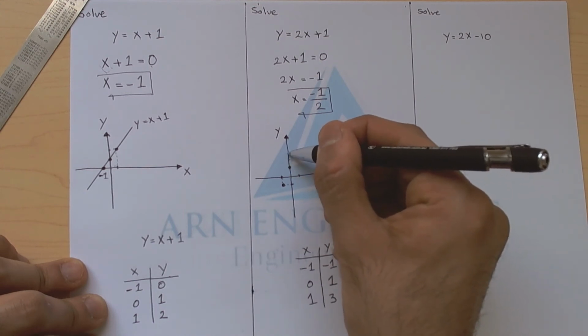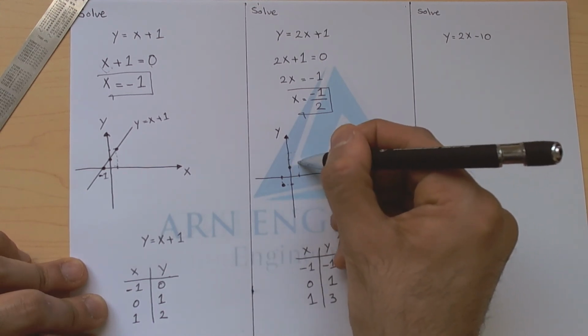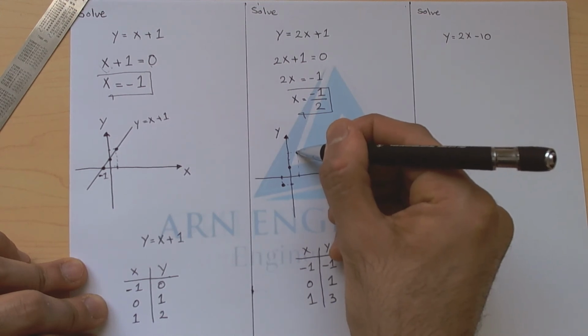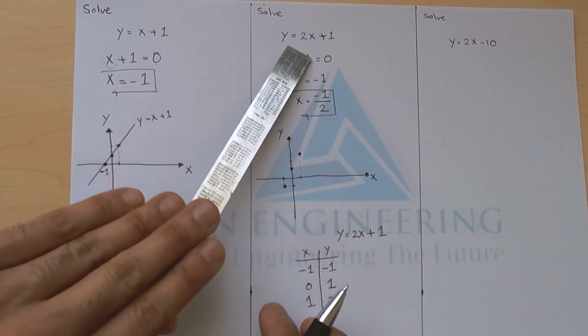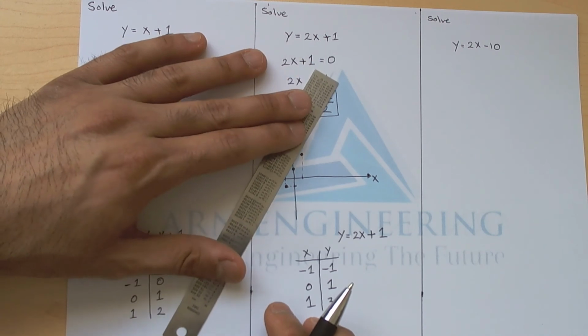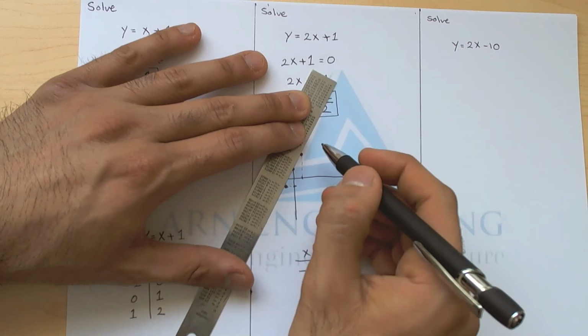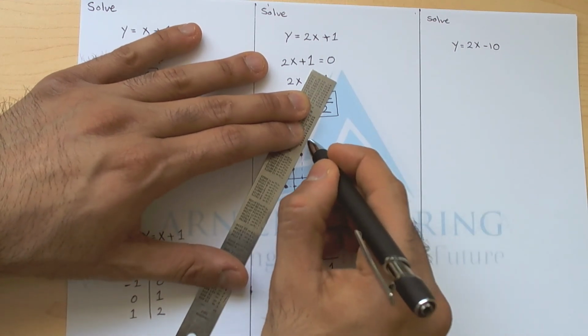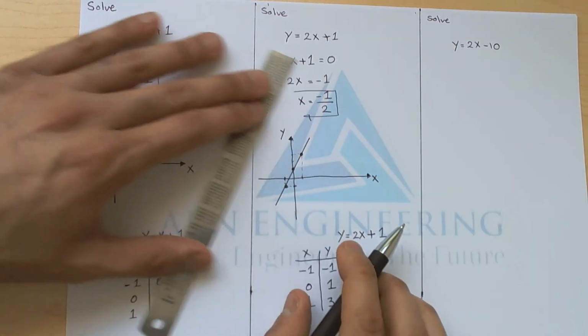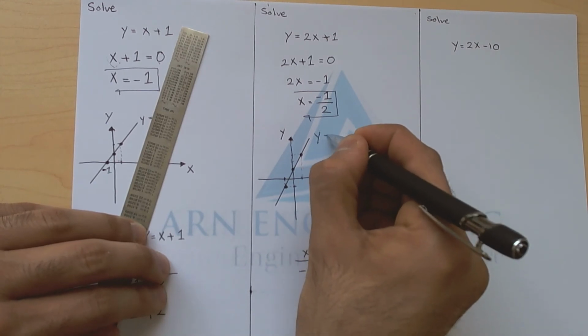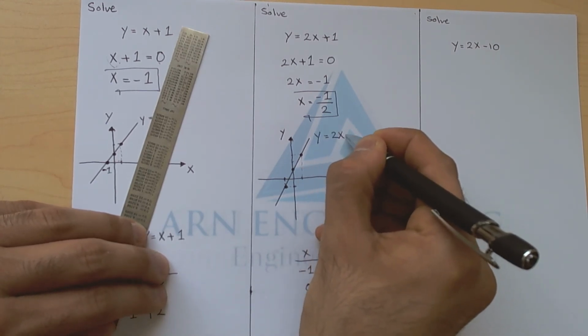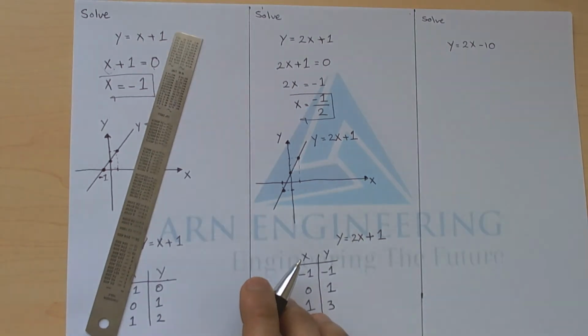And there we go. So now we can construct this line. So that's the y equals 2x plus 1 line.